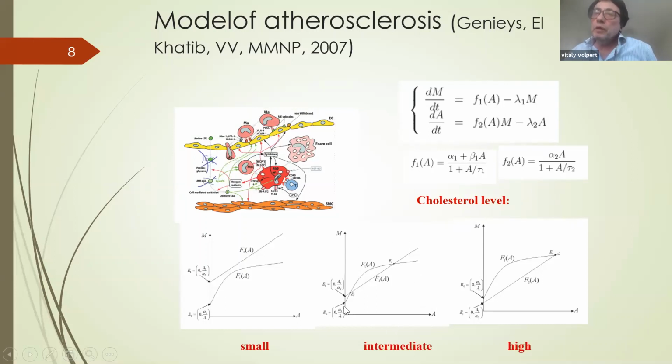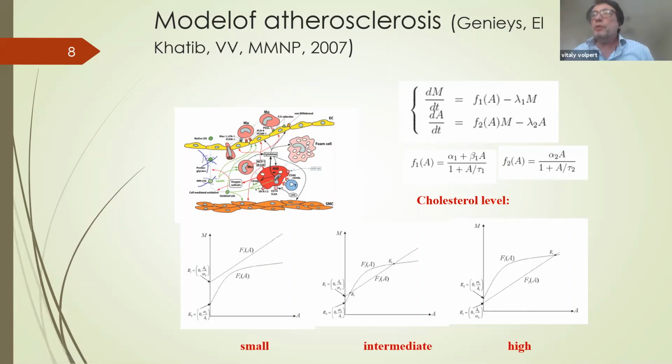In this case, it is possible that nothing happens if the perturbation is small, or it is also possible that atherosclerosis begins to develop if the perturbation is sufficiently large. And in this last case, in the right figure, when the level of cholesterol is sufficiently high, the disease will necessarily develop.